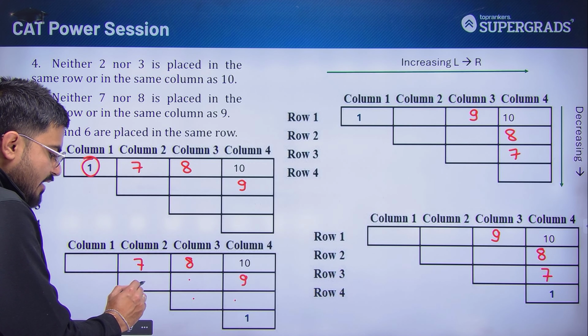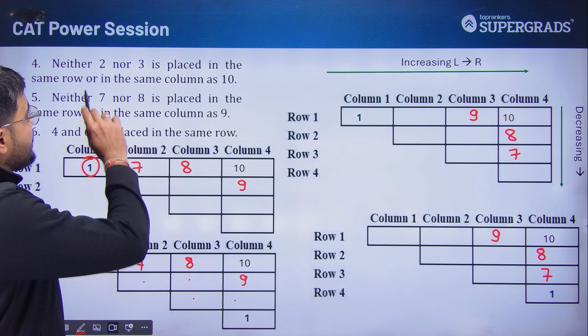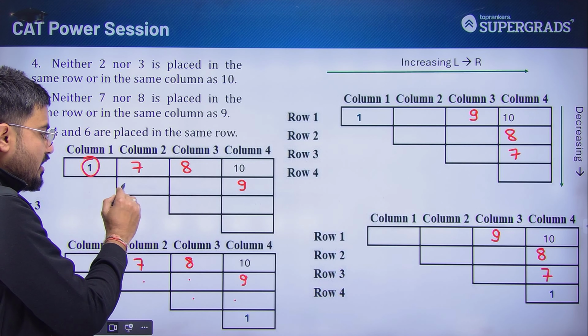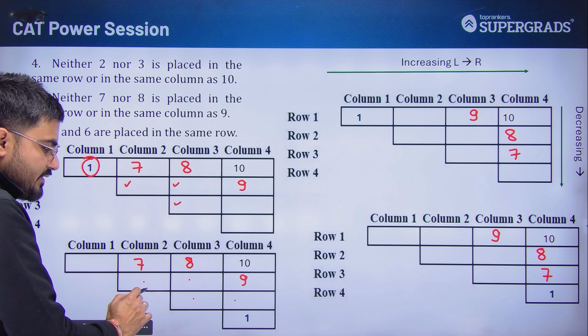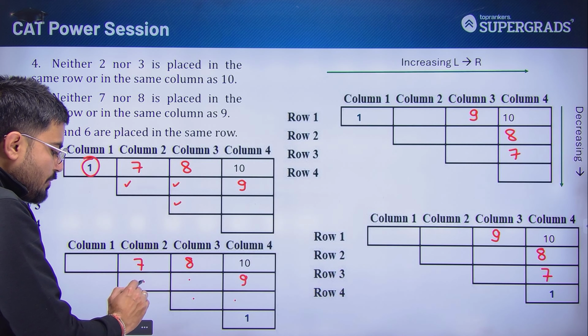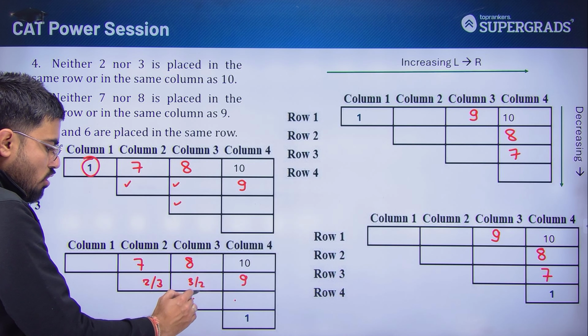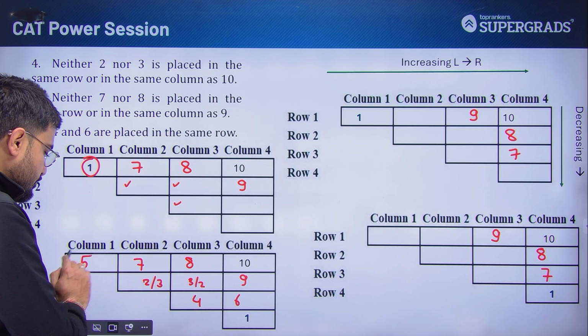But I have to write 2 and 3 here. And what they have mentioned, neither 2 nor 3 is placed in the same column as 10. So 2 or 3 will come at this position or this position. From these 3 places, if I occupy 2 places, like 2, 3 and 3, 2, then I can write 4 and 6 here, and here 5 will come.